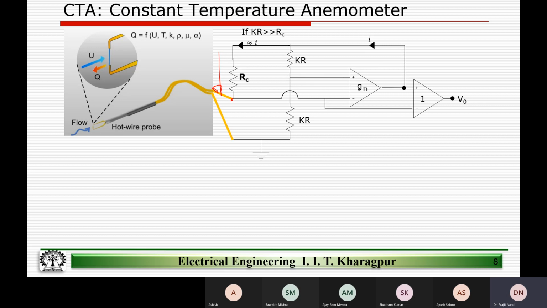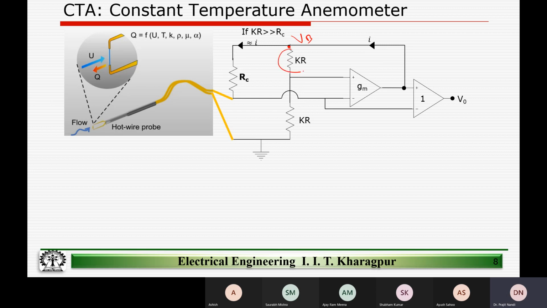Because there is a high gain amplifier, we are ensuring that these two voltages are the same. Everyone will agree that we can treat this as a virtual short. If this is a virtual short, let's assume the voltage at this point is VB, the bridge voltage.